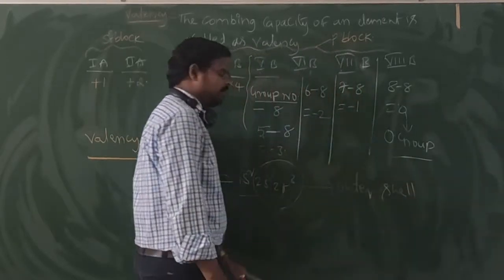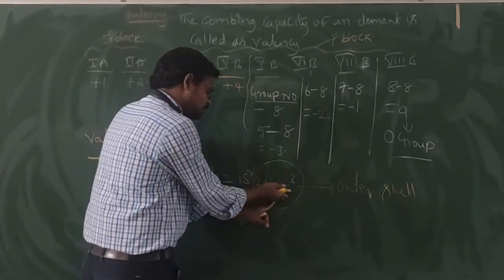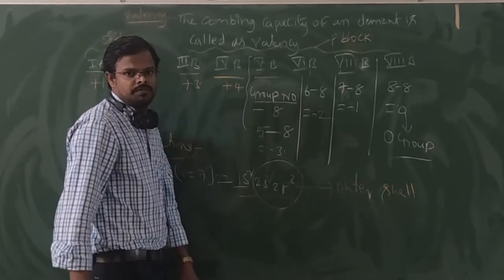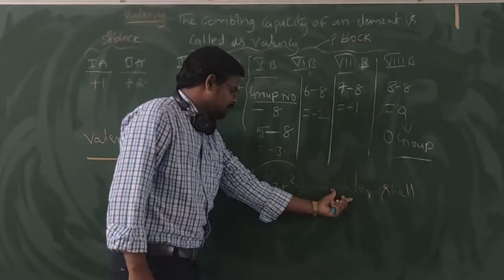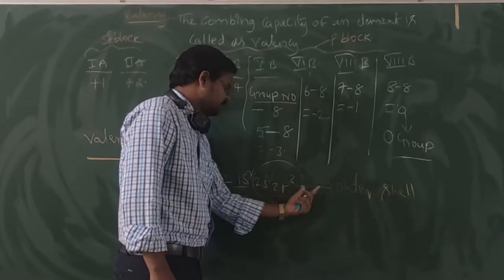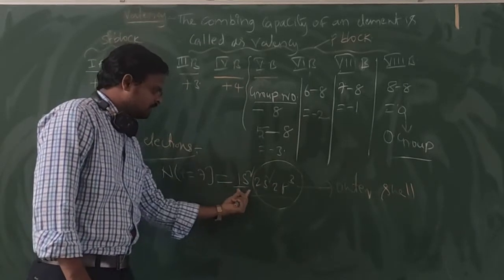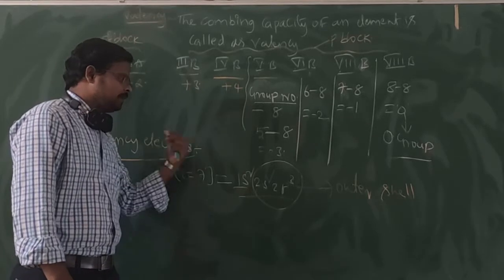After this outermost orbit, the inner orbit is present, that is the 1s orbit, the first orbit. The last orbit is called the ultimate shell, the next one is called the penultimate shell, and after that the anti-penultimate shell.